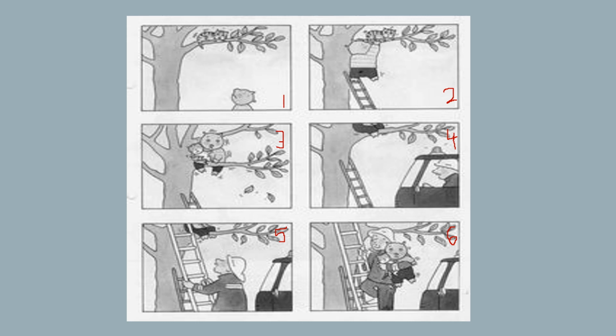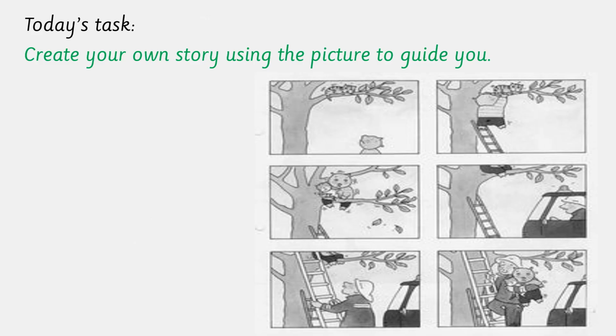Okay, so what you have to do, create your own story using the picture to guide you. Okay, so the picture is telling a story, but you are going to put it into words, into writing. Okay, so first things first, let's get your English books out and write your date and your heading, and then we can start talking about how you're going to write the story.